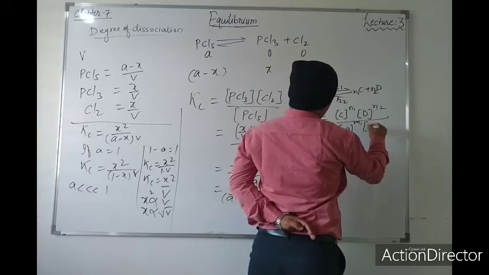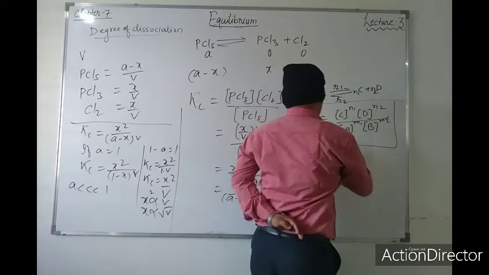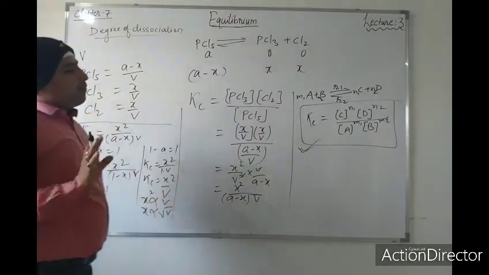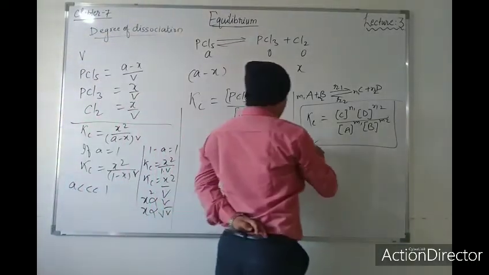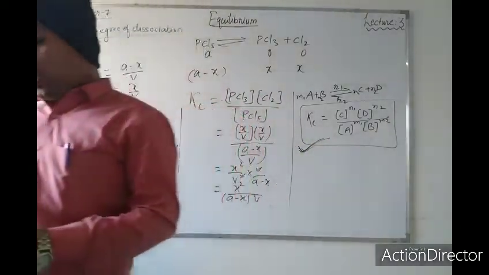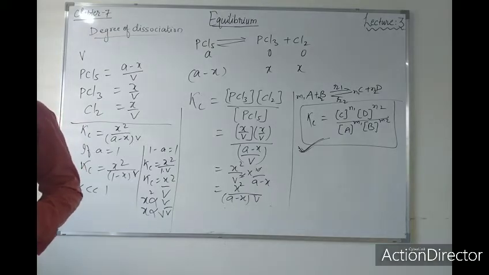Have you remembered this? According to this only we are following everything. This was the concentration constant, and each and every reaction will follow the same thing, as I will show you the first rate law of reactions, second rate, third rate. I will show you everything. Let's go one by one.